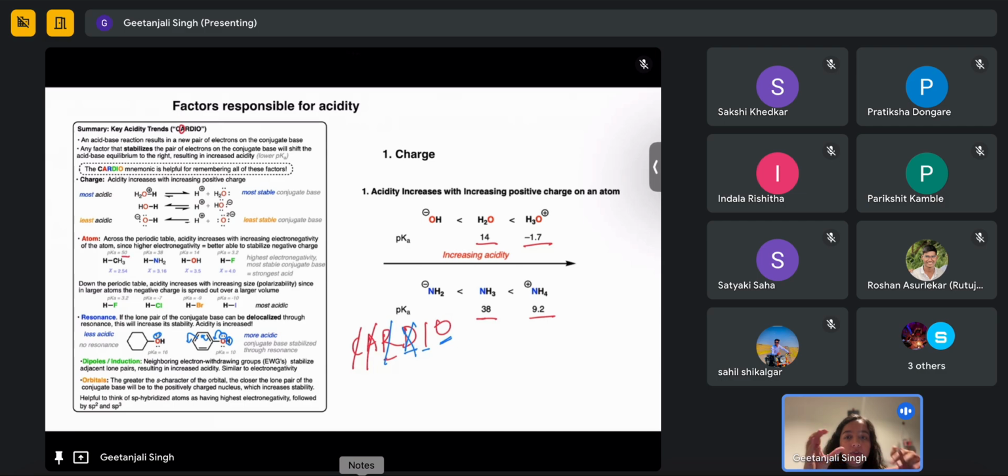What we do is we try to find the S character and the proportionate P character. In SP, it's 50-50%. In SP2, S character is 33%, P character is 66%. So basically, with an increase in S character, the acidity increases, and the compound becomes more acidic.